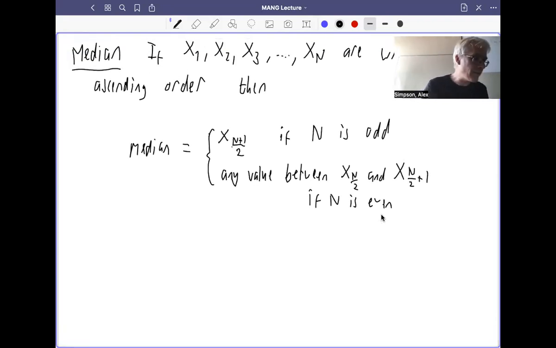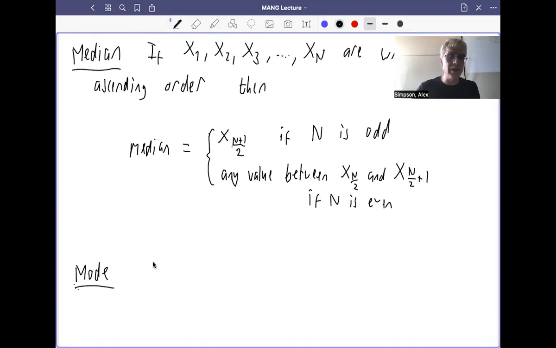And the mode is simply the data value that occurs most frequently amongst all the data values. So the most commonly occurring value. But there may be more than one value that occurs most frequently, in which case the mode could be any of those.